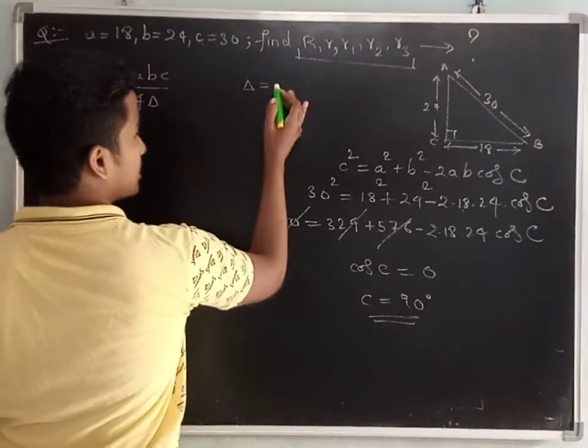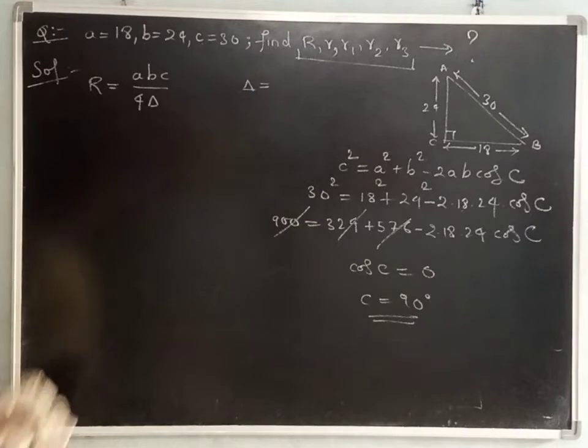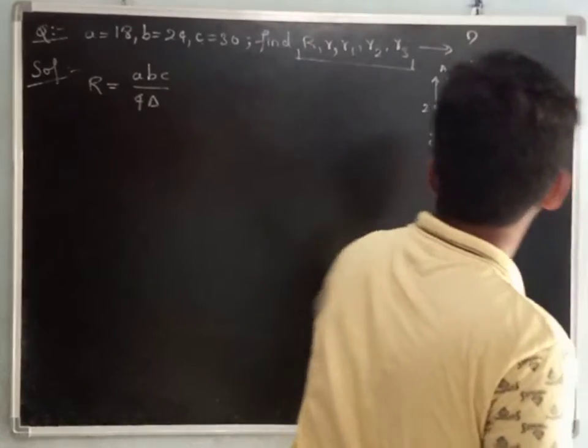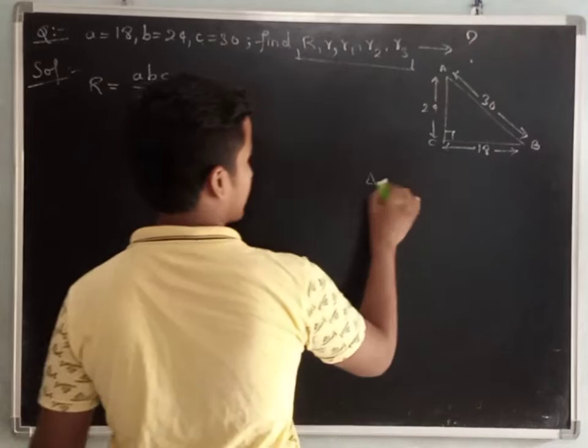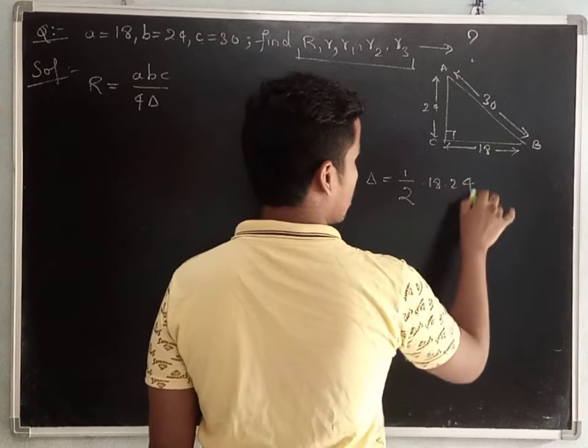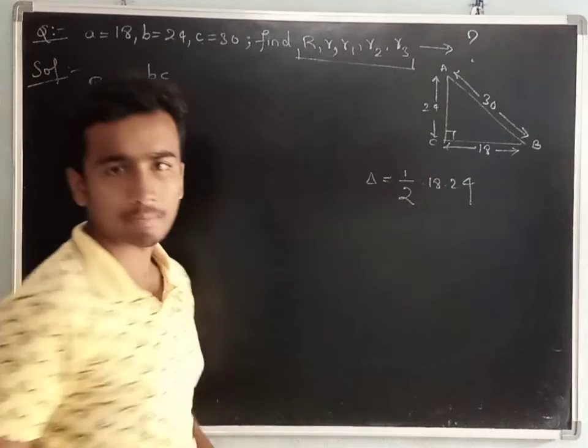The area of the triangle, delta, is equal to half into 18 into 24, half into base into height.